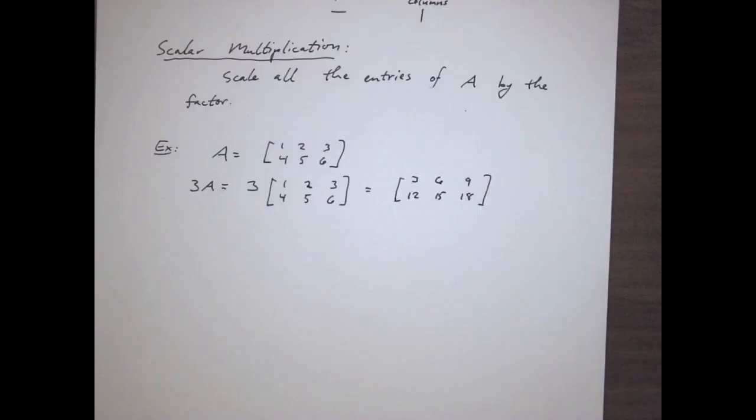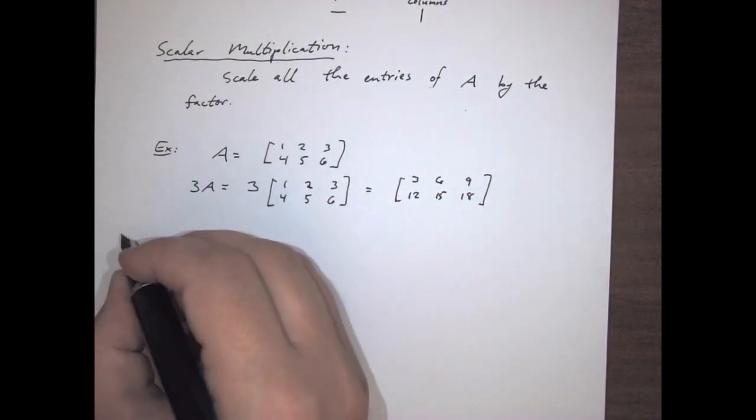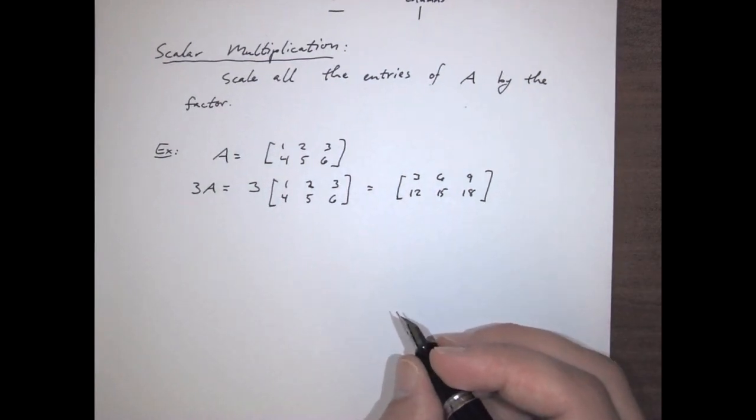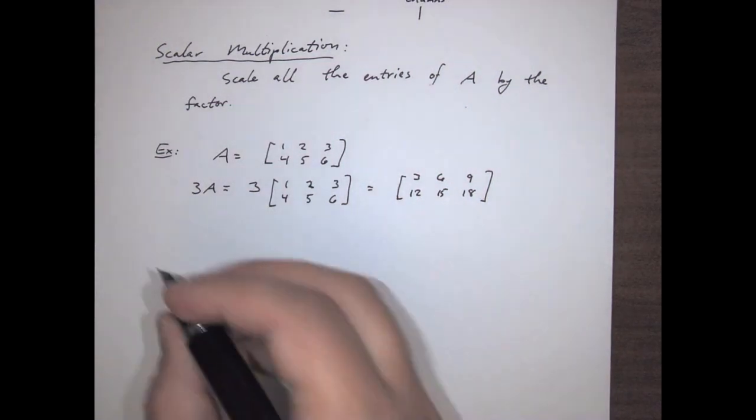And notice this is exactly the same process as vector scalar multiplication. If you were to multiply a vector by a scalar, you would do that the same way as you would do a matrix. Similarly, we can add matrices, provided they are of the same dimensions, and it would also correspond with how you do it for vectors.